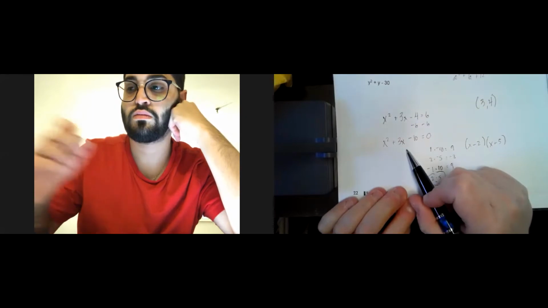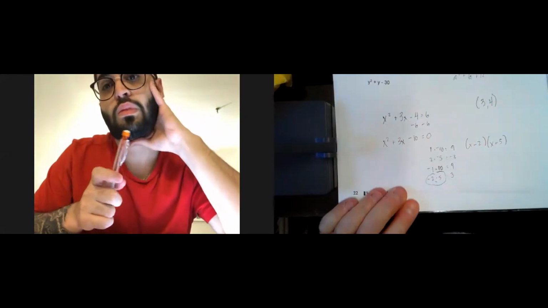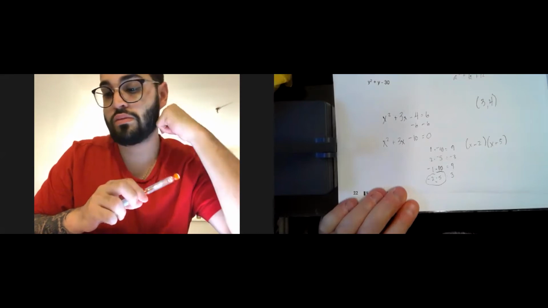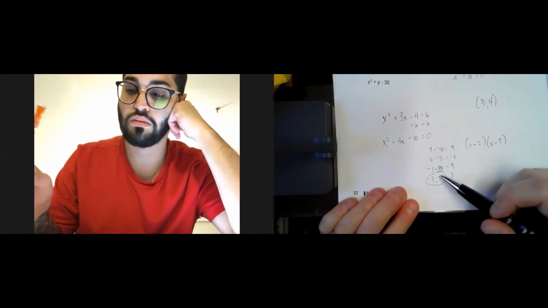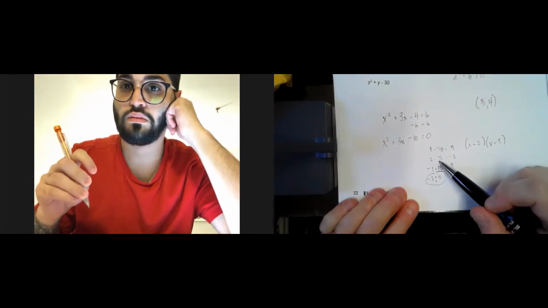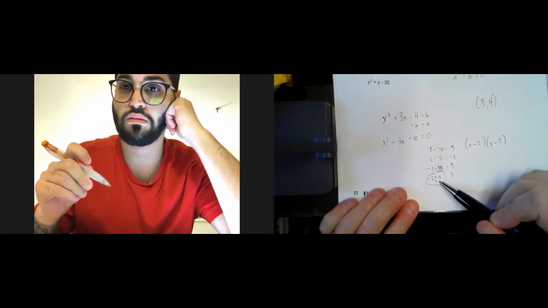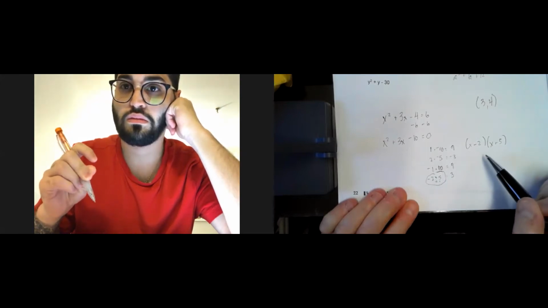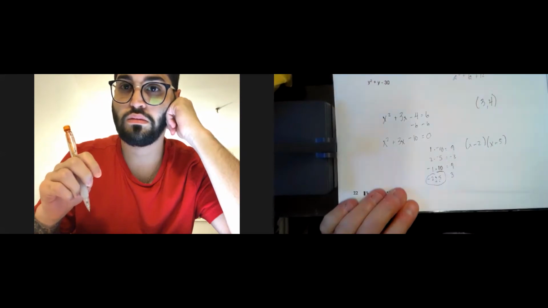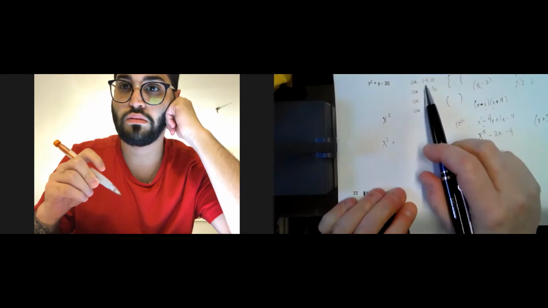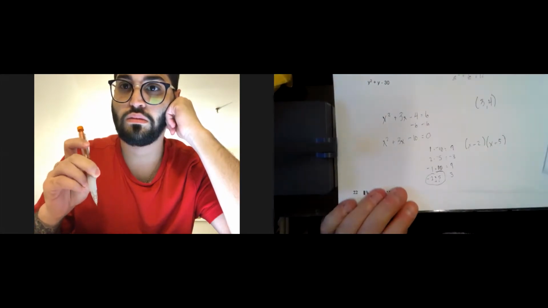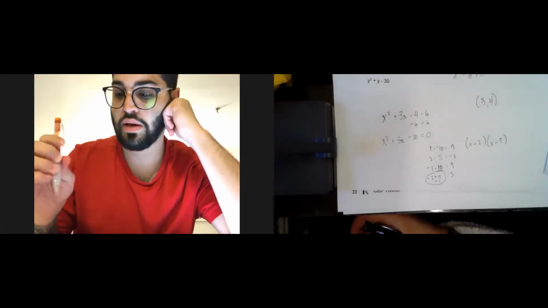We're going to come back to this. And it actually doesn't really matter if you go with 2, negative 5, or a negative 2, 5, because when you do the multiplication, you're going to end up with this either way. Does that make sense?